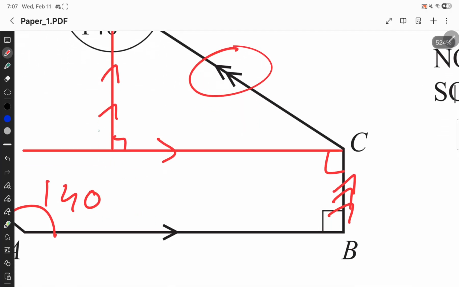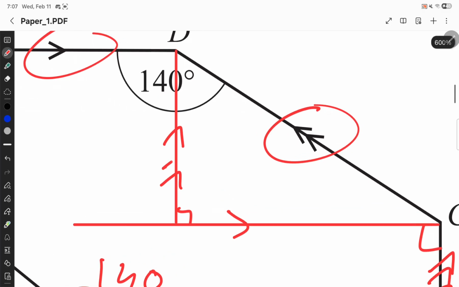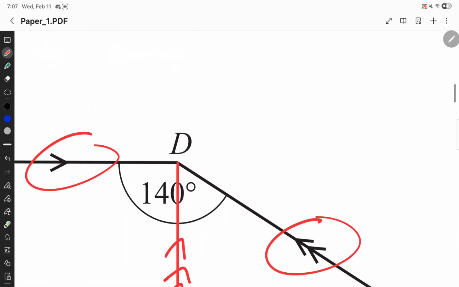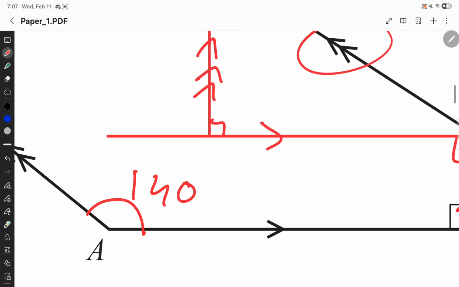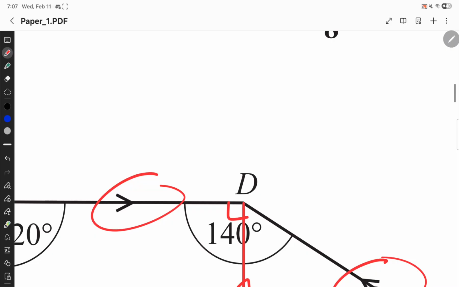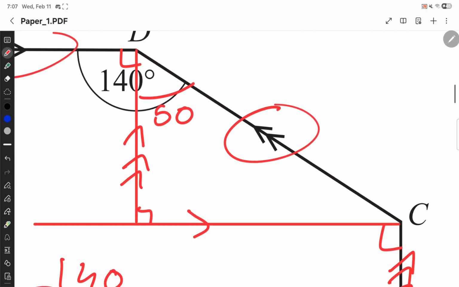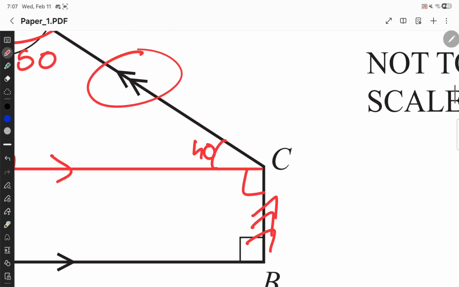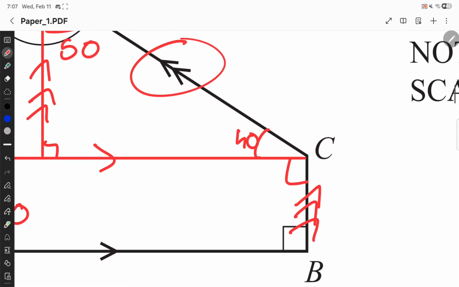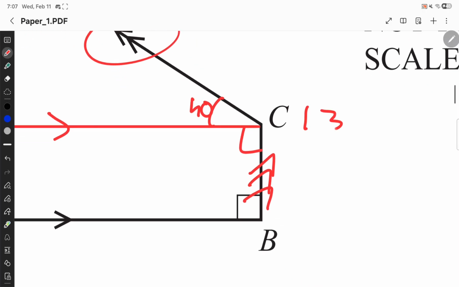Now this is a 90 degree, so this is also going to be a 90 degree, and so we will cut this into 90 degrees here also. 140 minus 90 is 50, and this is a right triangle, so we can use the 180 total angle. 180 minus 90 minus 50 is equal to 40 here. Now C is total 90 plus 40, which is 130.